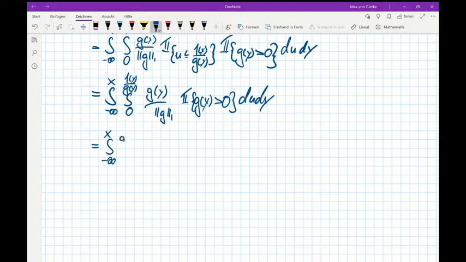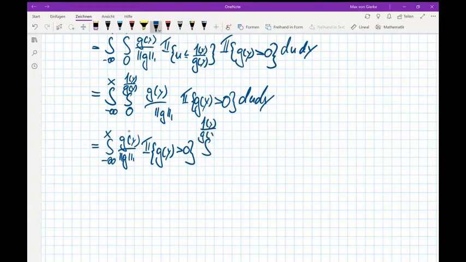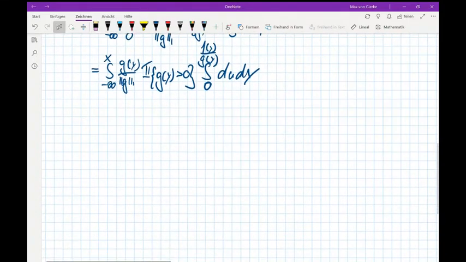So we have the norm of g, the indicator function, and then the second integral starts, gy0, but here's nothing else left, du dy.